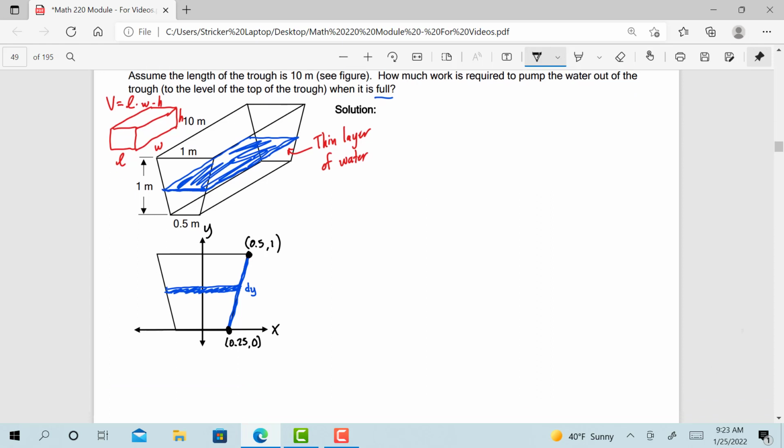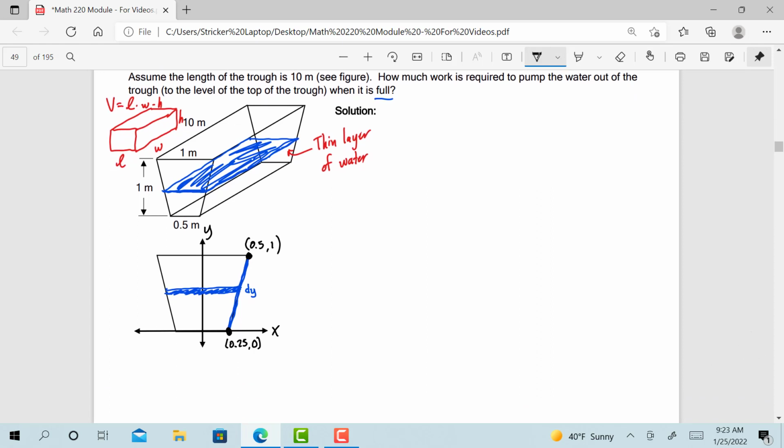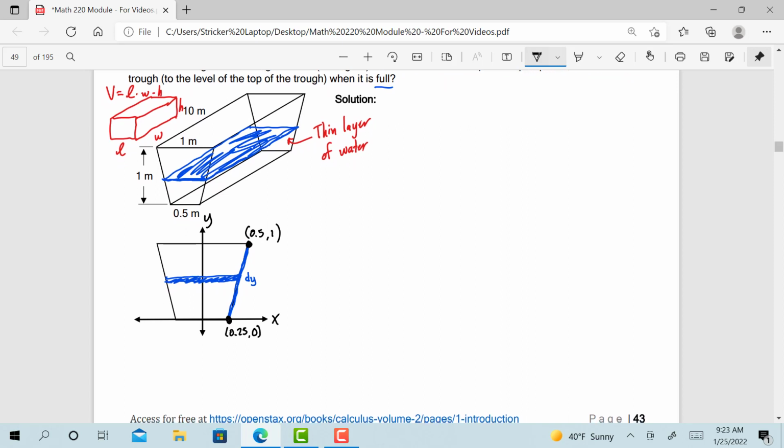And we want to go ahead and find the equation of that line. So let's see here. Find the equation of the line.